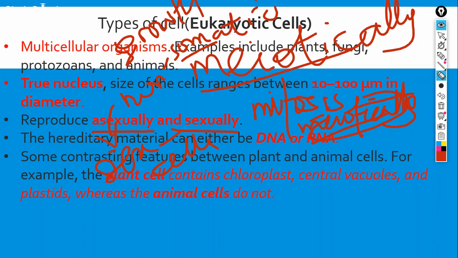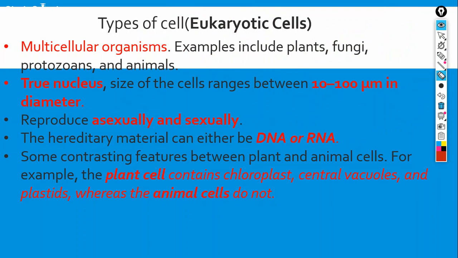All right. Then the hereditary material can either be DNA or RNA. We usually have DNA in our nucleus, and even our mitochondria also has its own DNA. So we have the mitochondrial DNA, we call it mDNA. Then RNA.